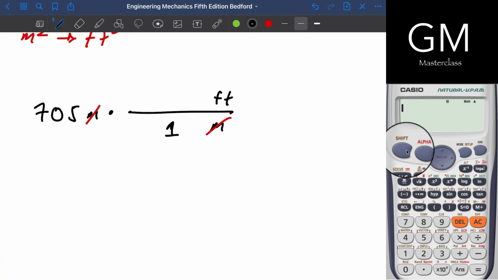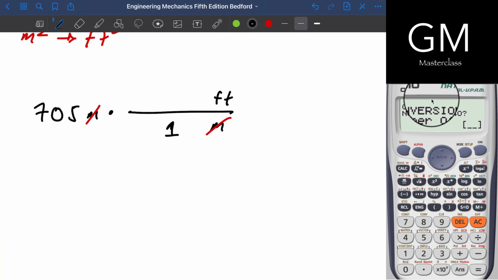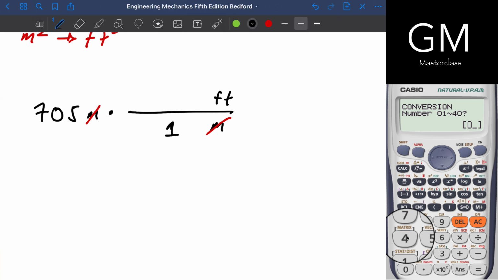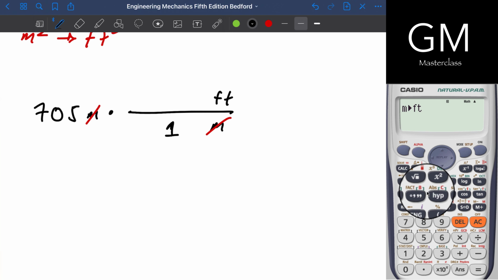If you press shift and conversion, the calculator is going to ask you what type of conversion you are trying to do, and you can change a lot of types of units, but the one that we are talking about is meters to feet, so it's the number 0 and 4.